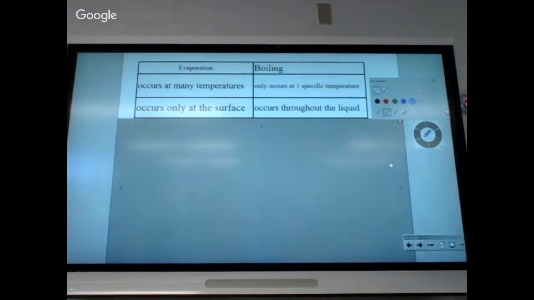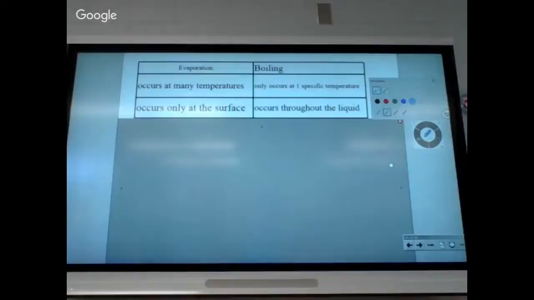Now, evaporation only takes place at the surface of the liquid. It does not happen all throughout the liquid. It's only at the surface. Boiling happens all throughout the liquid. And we know this because we see the bubbles going all the way through the liquid, coming from the bottom through the liquid to the top.